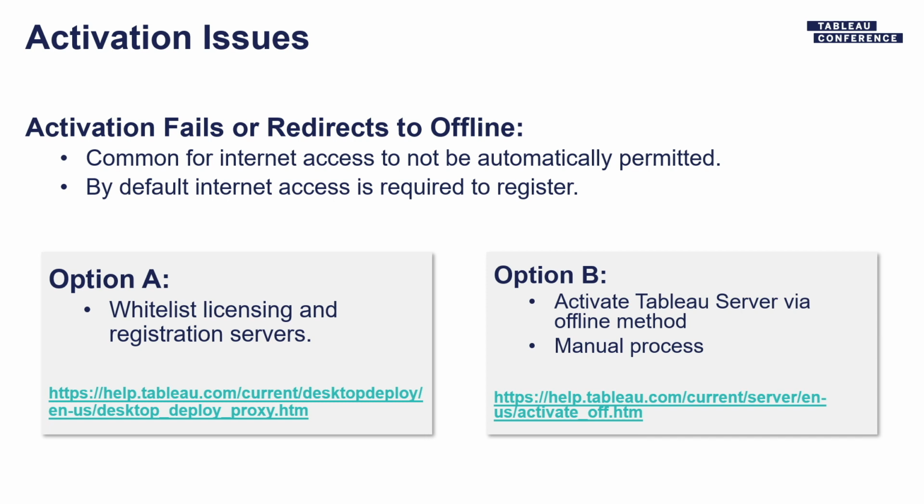Offline has the benefit that it allows you to activate machines that are air-gapped, or where there's a policy to never allow internet access on the machines. However, I generally recommend early and often to all of my customers that you, at a minimum, whitelist our activation servers for Tableau server so that it can do an online activation.